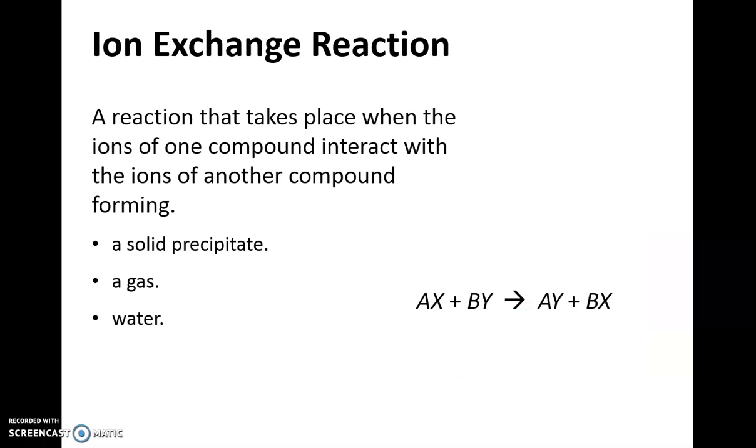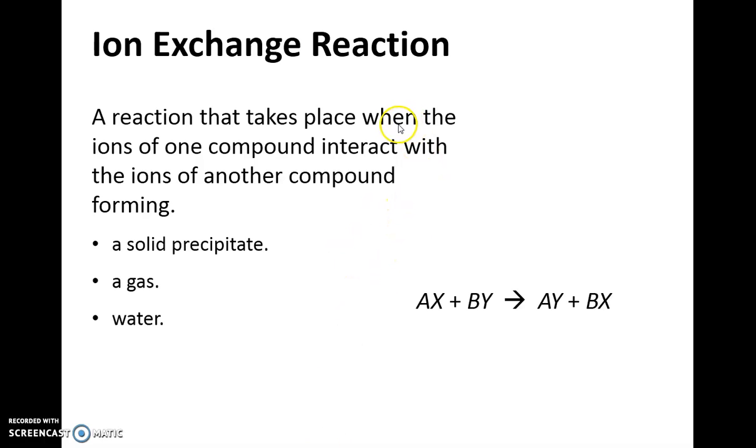We have ion exchange reactions. This is where ions simply trade places with each other, and that's a function of their electronegativity and other things that cause different ions to have more affinity for other ions.